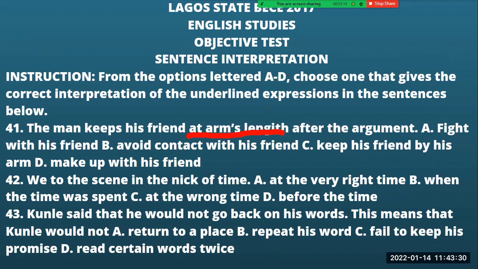Now, look at when you keep someone at arm's length. Just try to picture that in your mind. That means you are creating a distance. That's what it means. This will help you to really figure out the meaning of the idiom at arm's length.